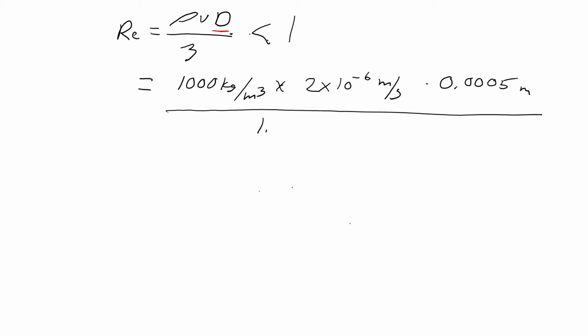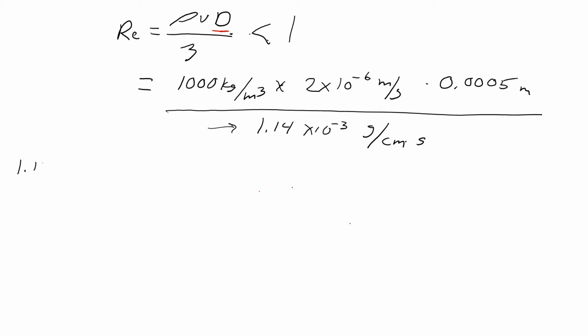And then that's over the viscosity, which was 1.14 times 10 to the minus 3 gram per centimeter per second. Now you can see we've got grams, we have kilograms. We have different units going on, so we're going to have to convert one of these. You can pick whichever one you want, but I'll convert this so that all of our units are consistent.